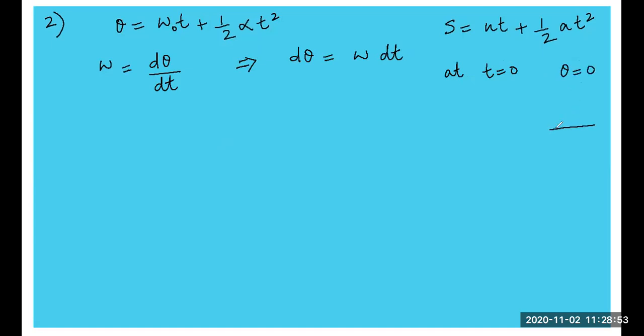Let's say the particle is here at t is equal to 0, and this theta is also 0. But when t becomes t, here it becomes t seconds. So this becomes theta. So when t is equal to 0, theta is 0. When t is equal to t, theta is some angle theta, some angular displacement.